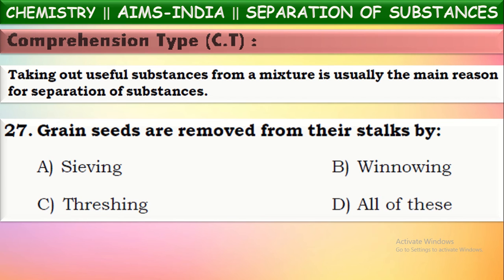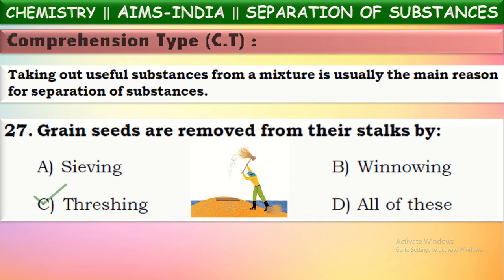Grain seeds are removed from their stalks. How is the grain separated from the stalk? After harvesting, the stalks are beaten against a hard rock substance. Then the grains are separated from the stalks. What is this method called? Separation of grain from the stalks. What is it called?